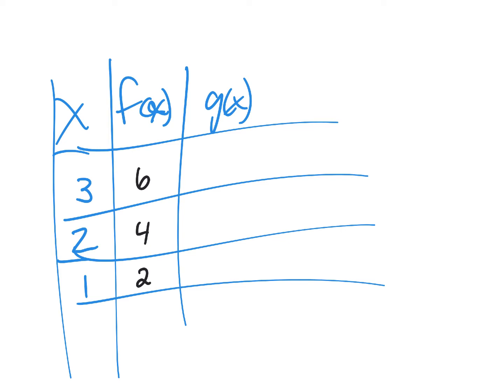And let's say g of x is 2, 3, and 4. Okay, let's first make sure you get how to read one of these charts. You don't have to copy this whole chart down. What I do want you to do is tell me, what's f of 3?